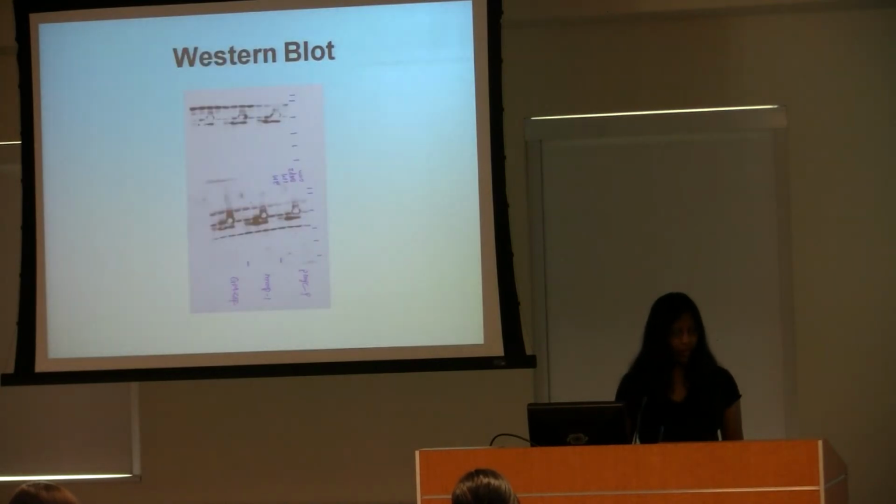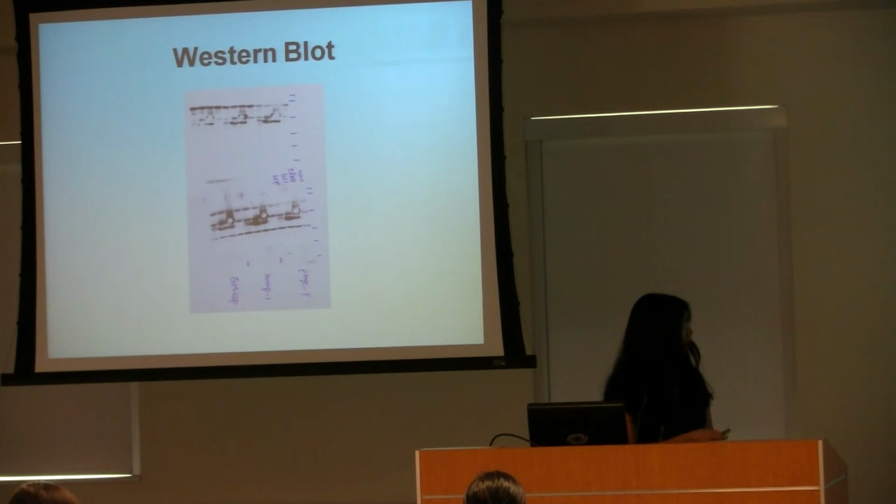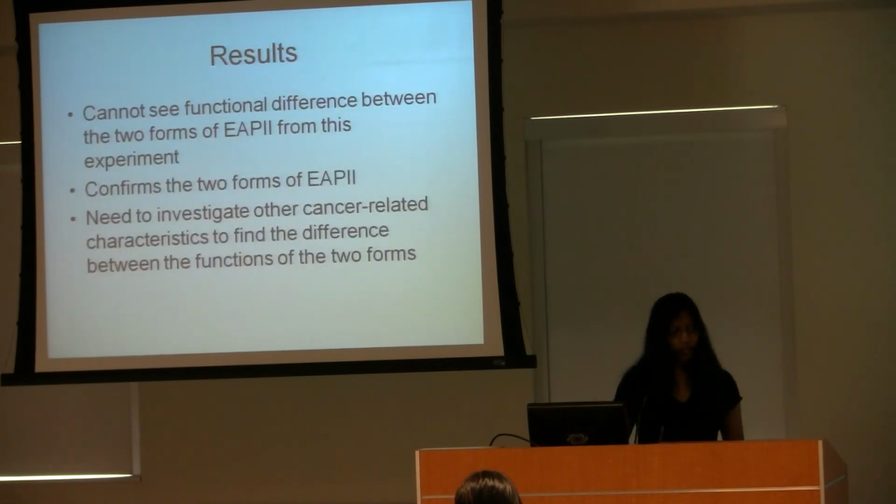And this is the Western blot analysis right here, the MMP and the GM-CSF that we used. Right here you can see the protein bands. So from these results, we could not really conclude, we could not find the functional difference just from this experiment.